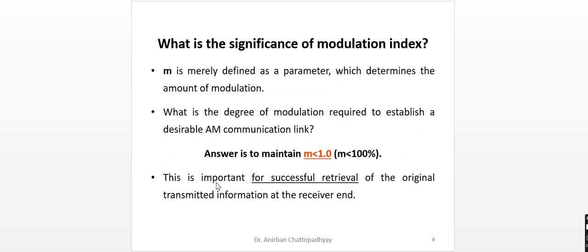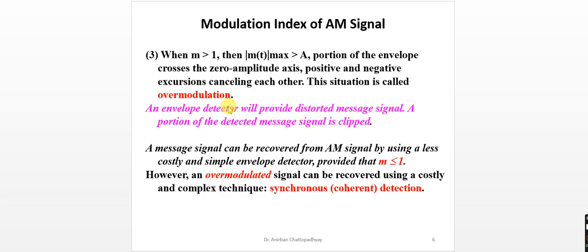The last condition is when modulation index is greater than 1. If modulation index is greater than 1, that means the maximum amplitude of the modulating signal is greater than the maximum amplitude of the carrier signal. If this condition happens, it is known as overmodulation.